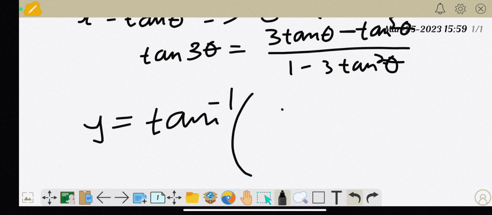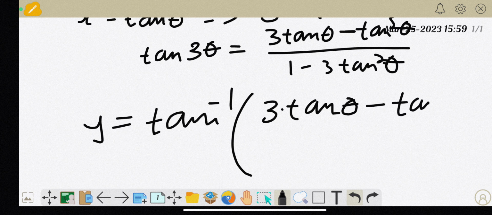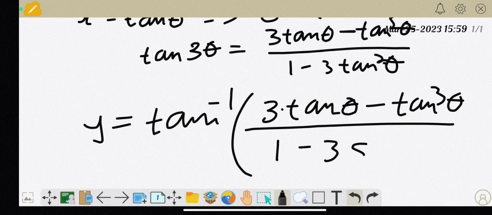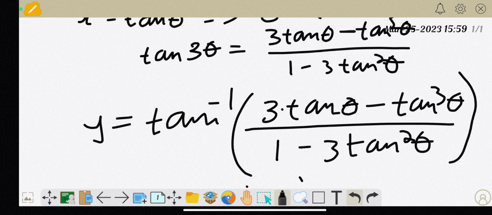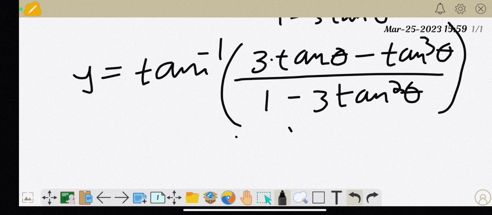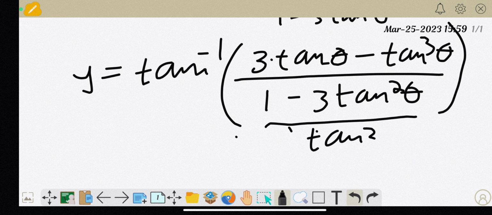Tan inverse of, yeah, so this is the formula for tan 3 theta, correct.